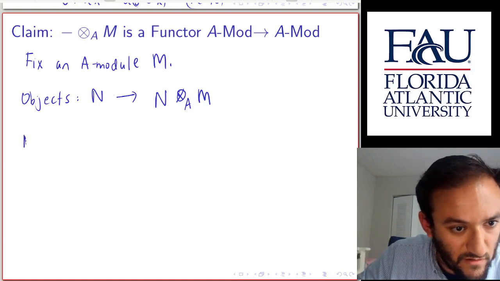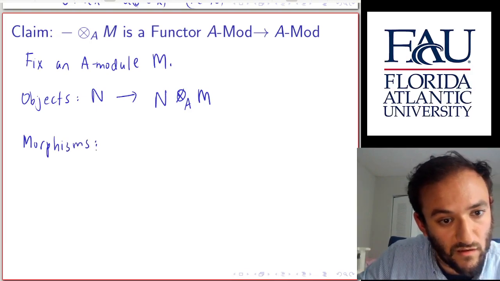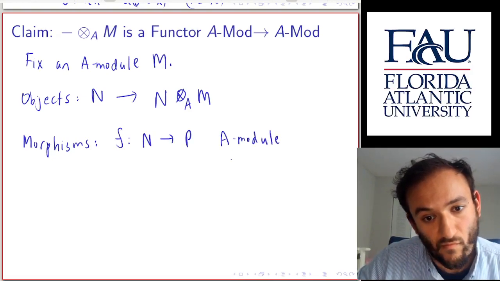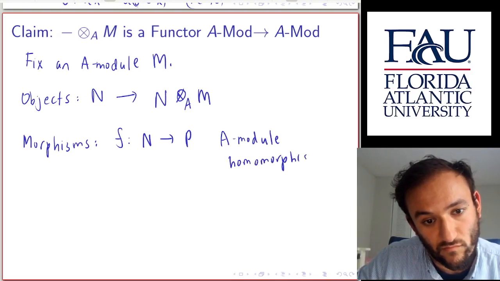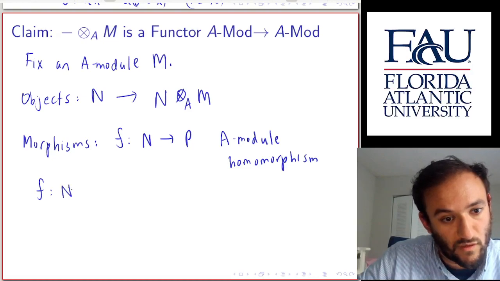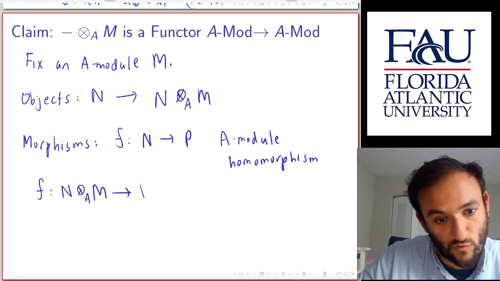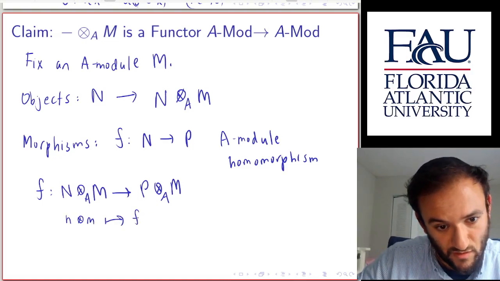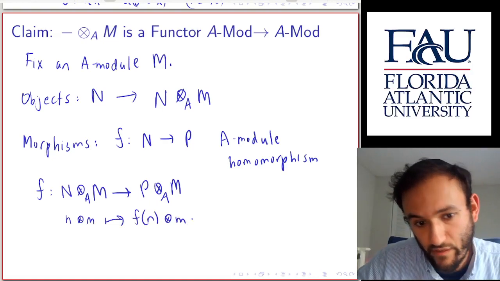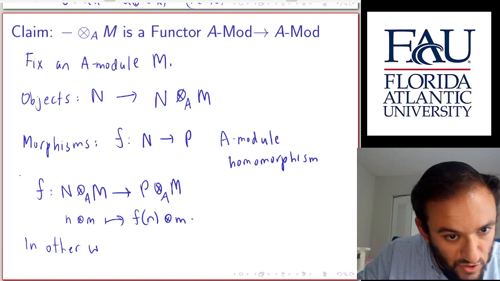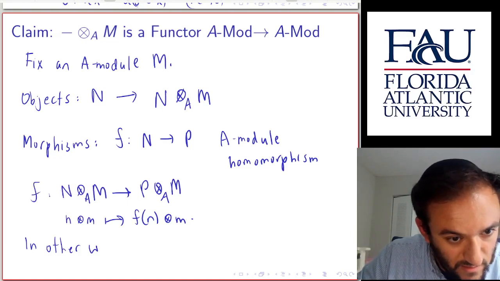Okay, how about the morphisms? So given an A module homomorphism F from N to P, we're going to map N tensor M to P tensor M, and this is just going to take N tensor M and map it to F of N tensor M. Okay, so in other words, let's call this F prime.